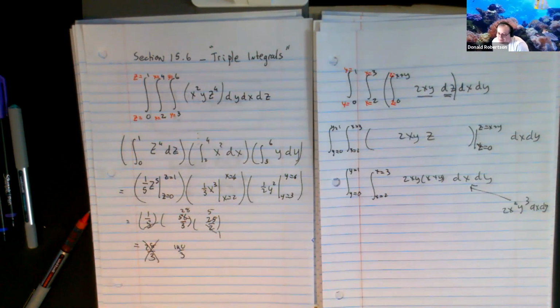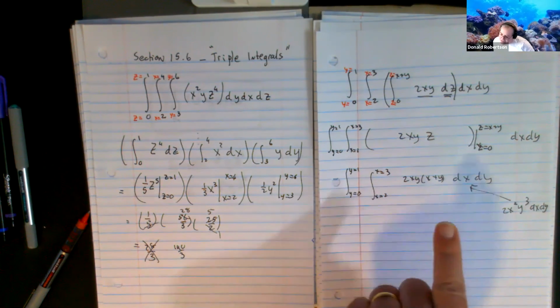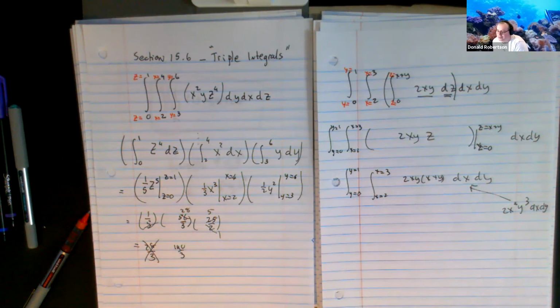You may end up, after you've taken care of that one, with a double integral that is or is not variable separable. If it is, I would separate them. If it's not, you don't have a choice, right? You've got to do what you've got to do.